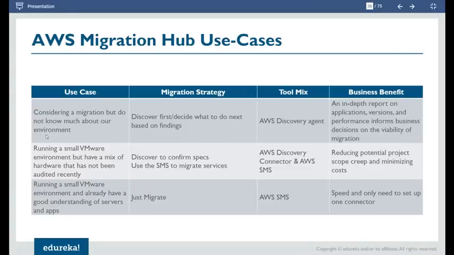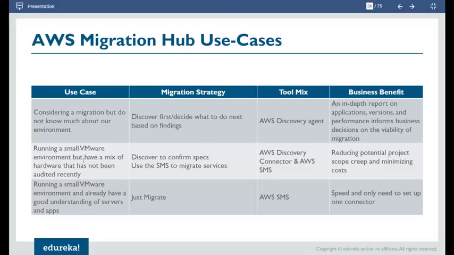Use case: you're considering a migration but you do not know much about your on-prem environment. The migration strategy you should follow is to discover first, then decide what to do next based on the findings. The tool you should be using is AWS Discovery Agent.